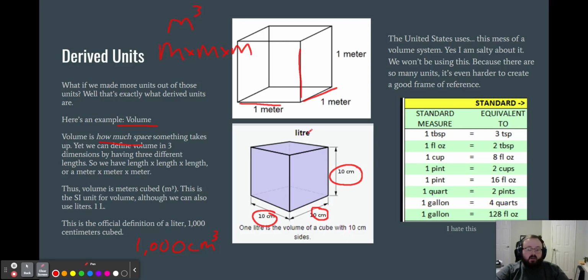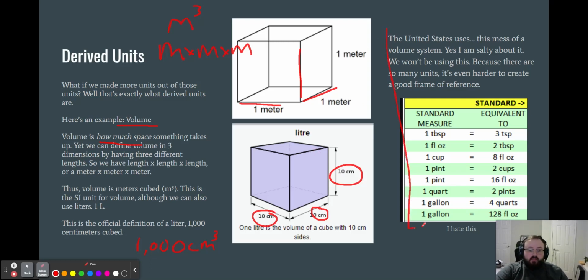So this is what 1 liter is, 1,000 centimeters cubed. We're going to be using liters very often because they're based off of the same base 10 system. That's why we can very easily use liters.